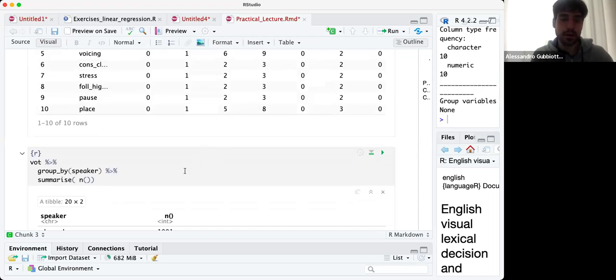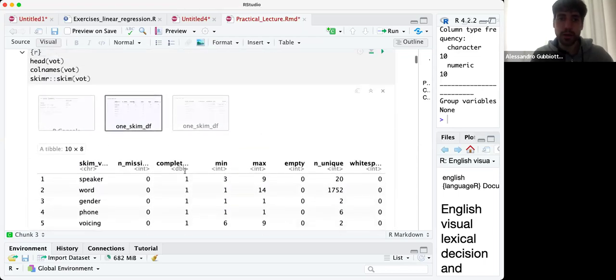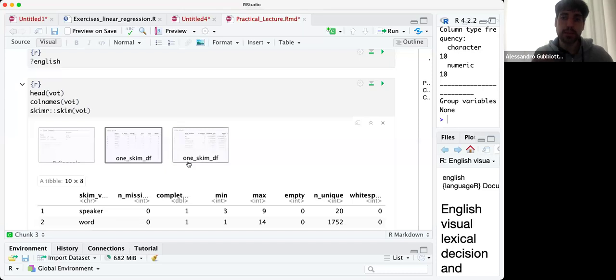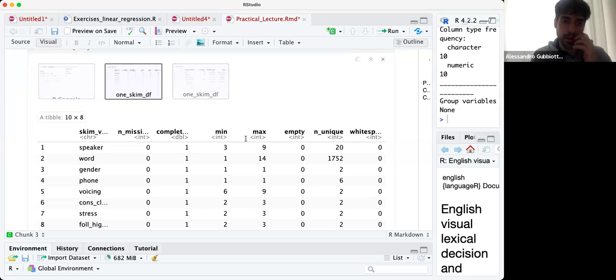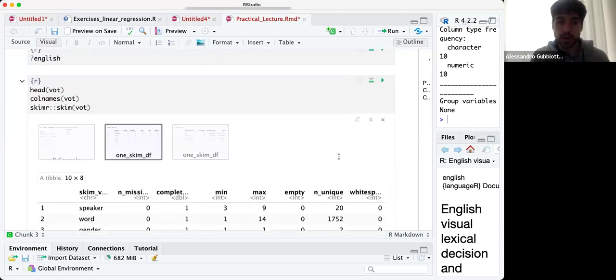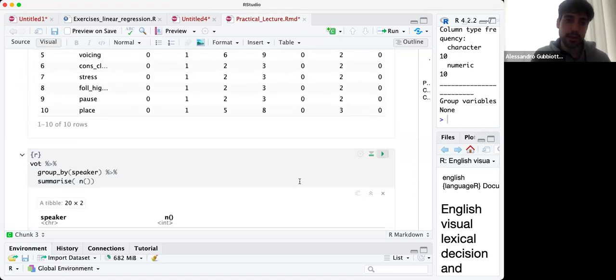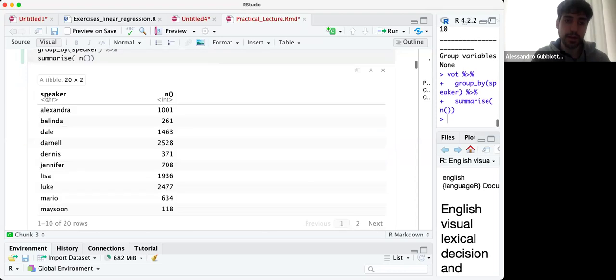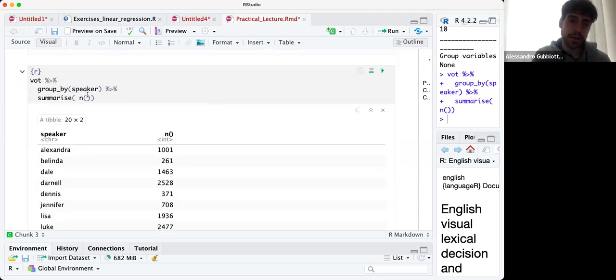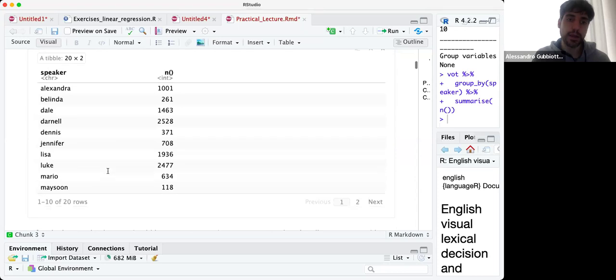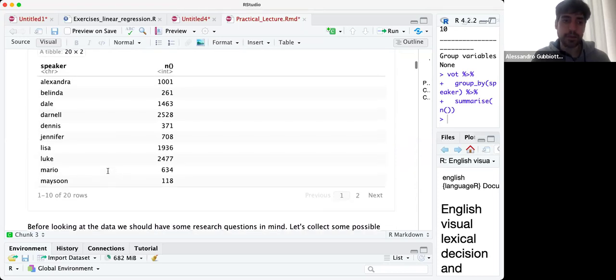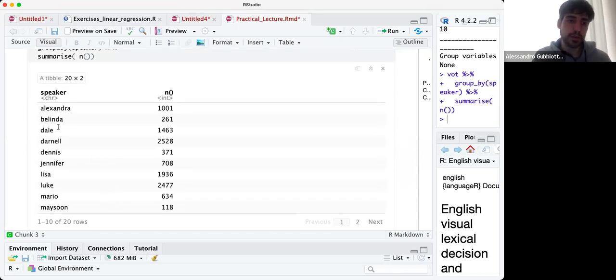If you know that maybe each speaker naturally has a vocal onset time due to their individuality, we can see with this command that we group the data by speaker and summarize the number of observations in each group, so how many data points there are for each speaker.